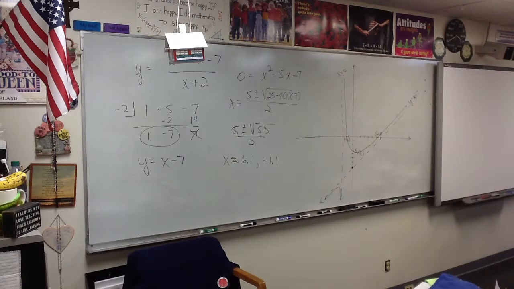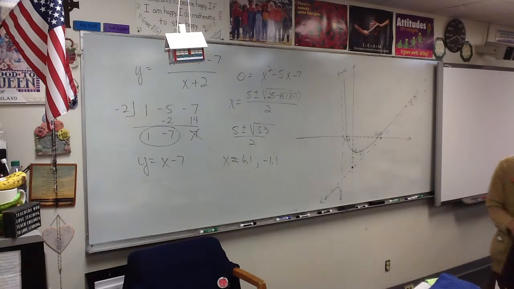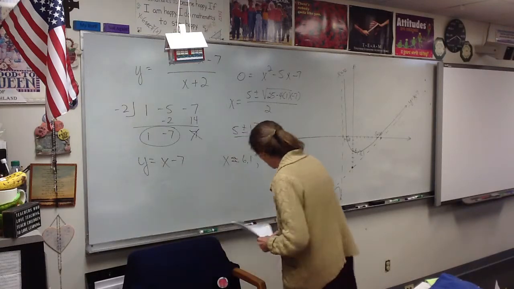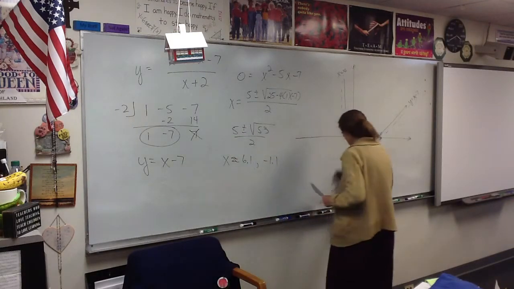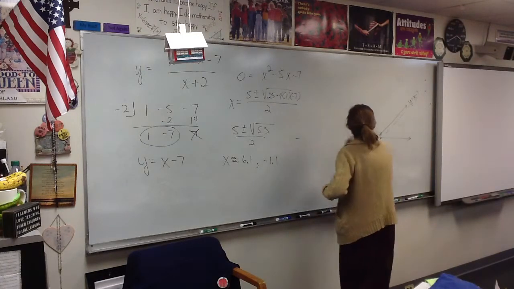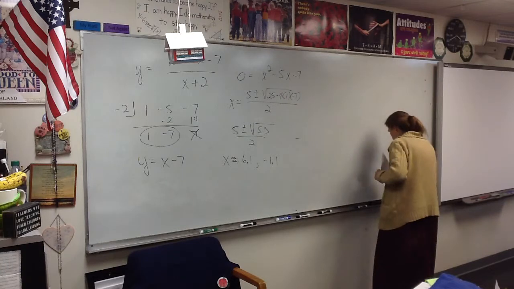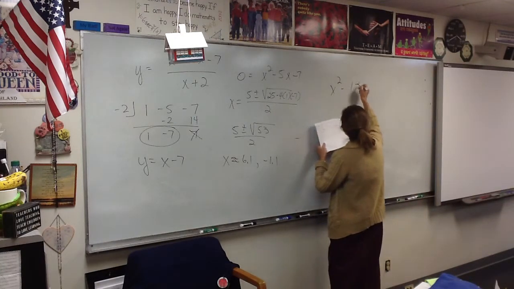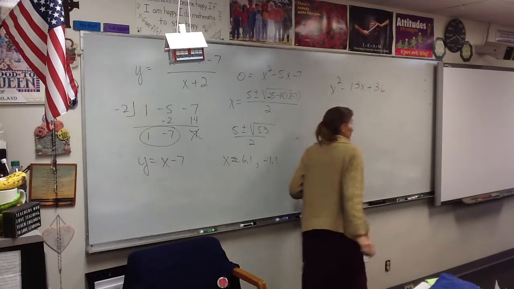What's the bottom one? One day, kind of in the middle of something else, we talked about things being in quadratic form. Those of you that are having trouble factoring, if the question had been x squared minus 13x plus 36, would you be able to factor that?